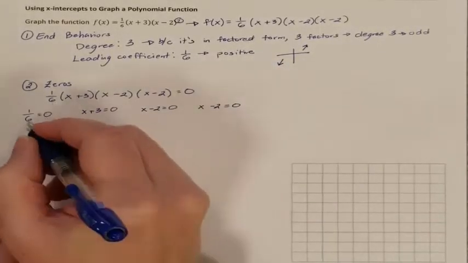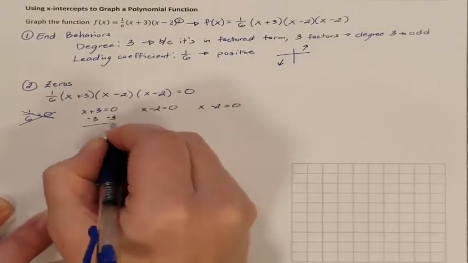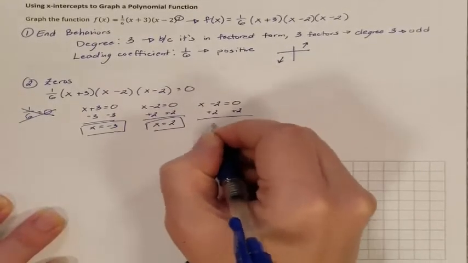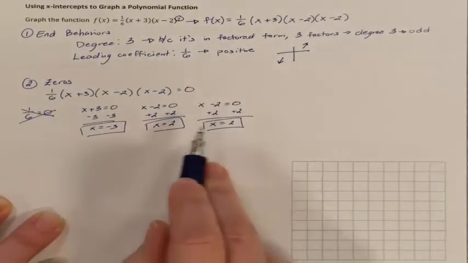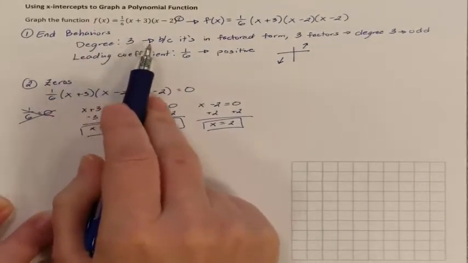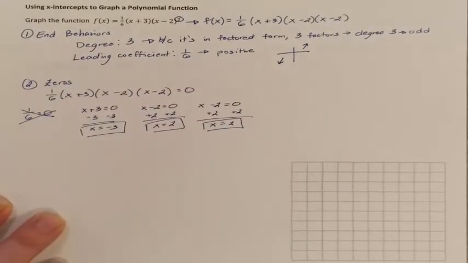There is no variable in there, so it does not give us a 0. Solving for x on all of the other terms, I found 3 answers for x, which I should have because my degree was 3. How many answers you find is the same exact degree that you should have had.